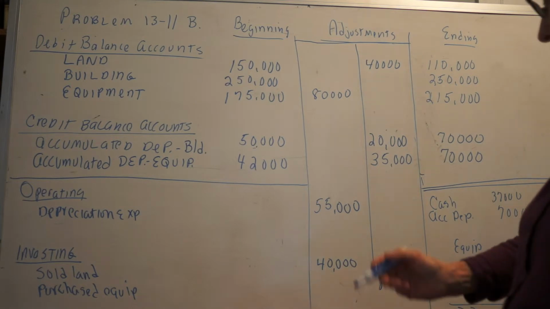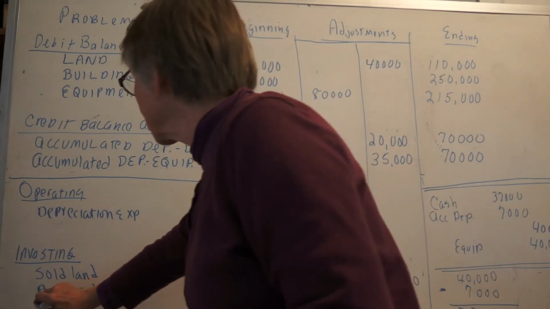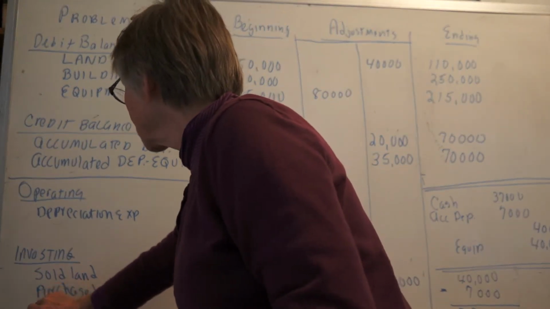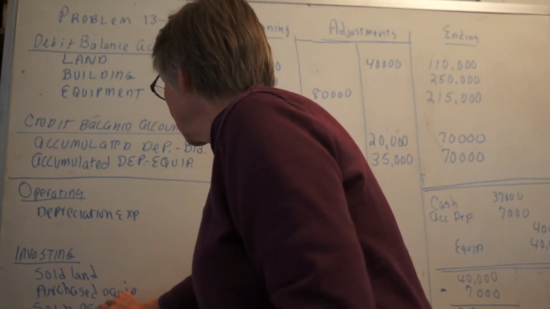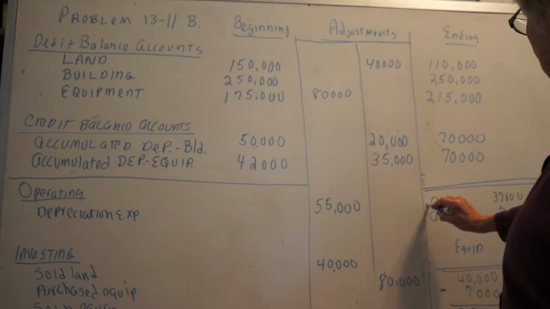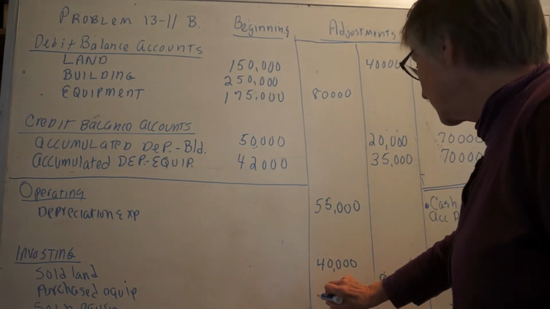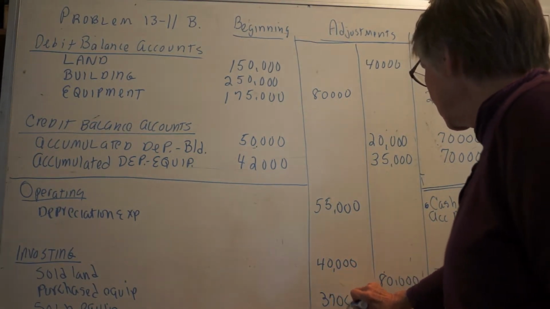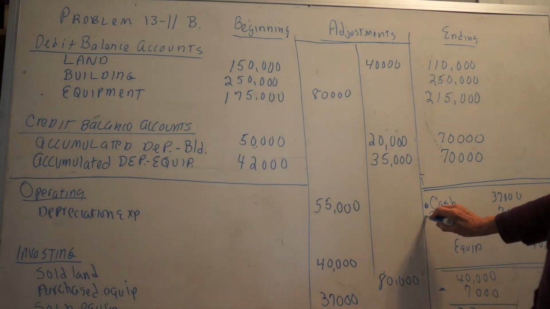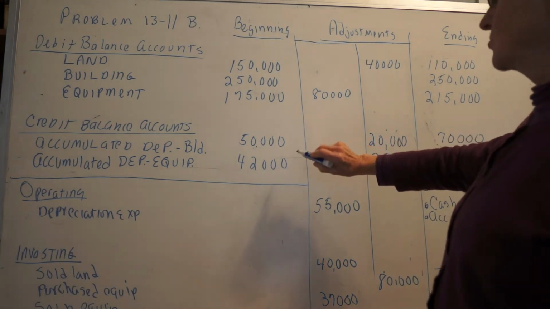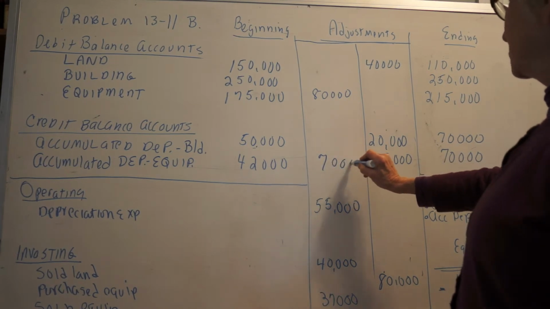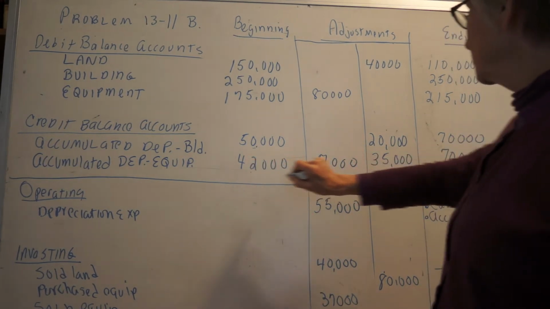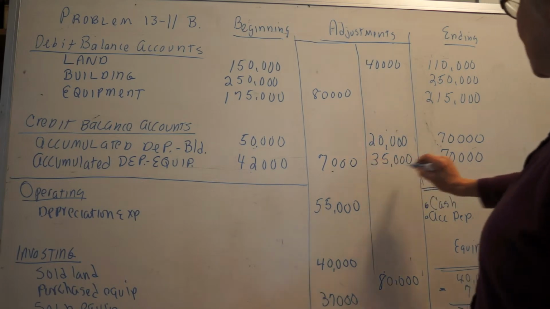Then we post this. So we say we sold equipment, and the proceeds go here. That's the $37,000. The accumulated depreciation, and we have to make sure that it's on the equipment, is 7. So now when we add this across, it should go 42 plus this minus this, gives you that.